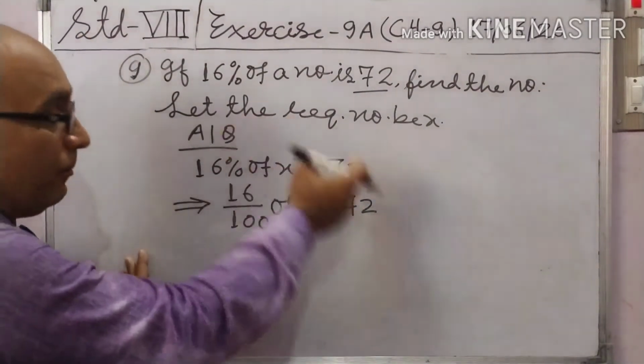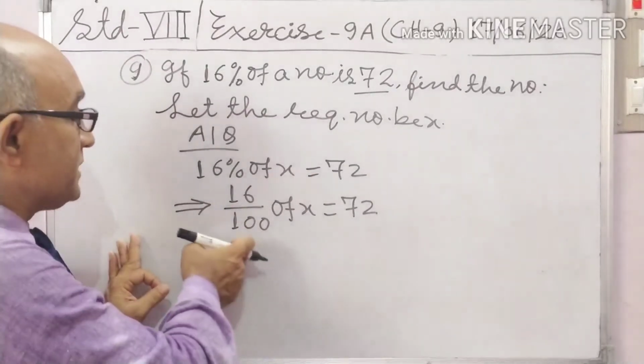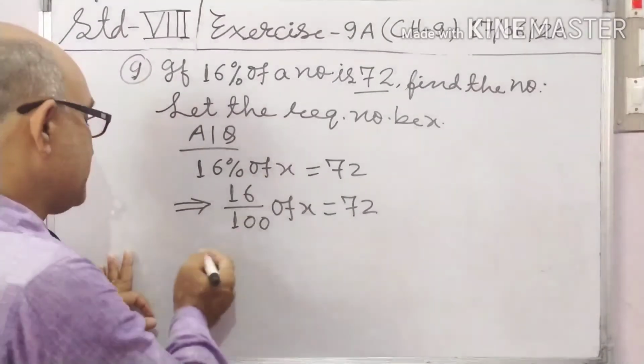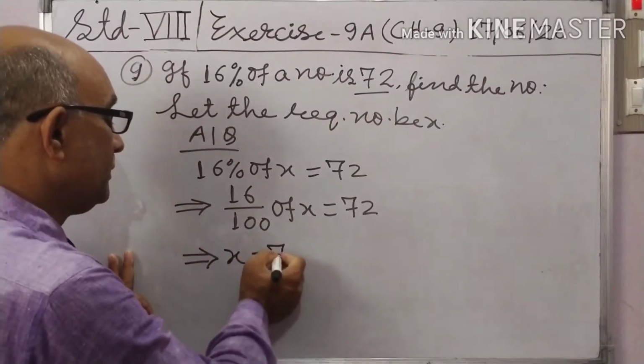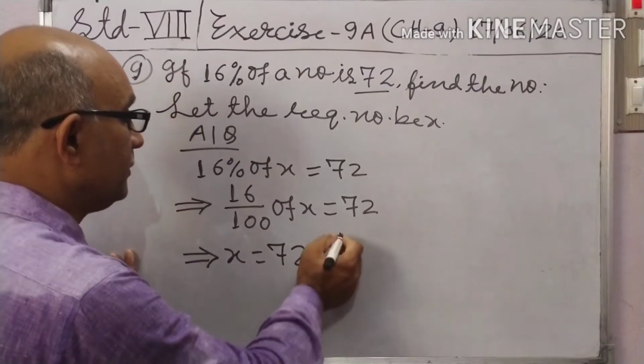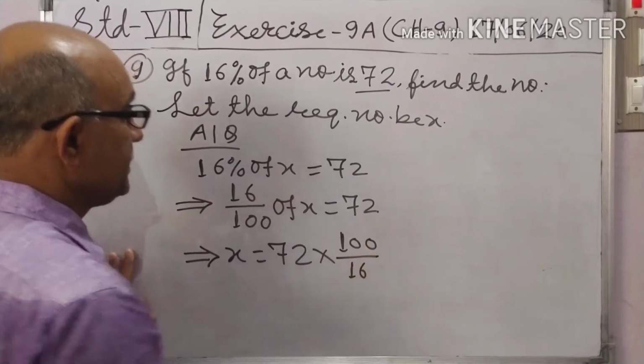16 by 100, by transposition, changes into 100 by 16. So that implies x equals 72 into 100 by 16.